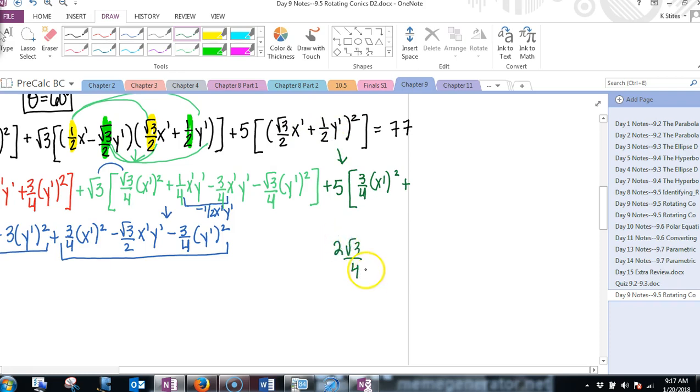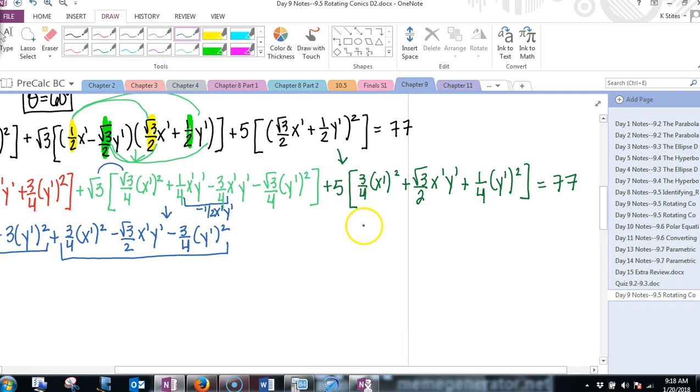Double it. Okay, it's the same as it was before. So root 3 over 2 x prime y prime, plus 1/2 squared is 1/4, and you've got y prime squared, equals 77.